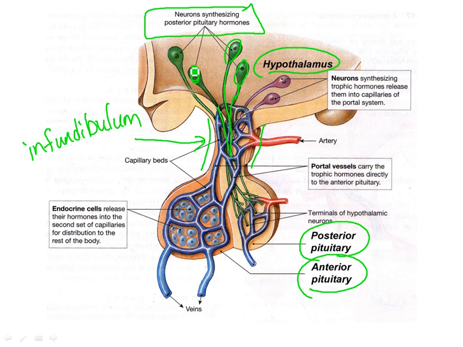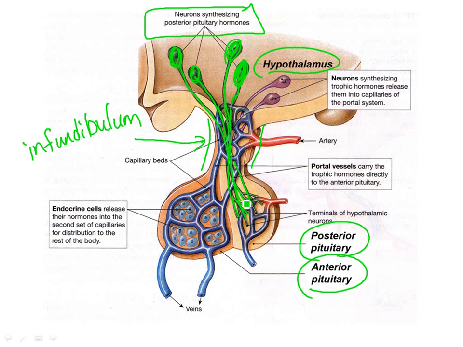So you've got neurons up here in the hypothalamus making your posterior pituitary hormones, and then those hormones are going to travel down the axons and then be stored in the hypothalamus. Okay? They're stored in the hypothalamus and then they are secreted from the hypothalamus. All right. Remember, your posterior pituitary hormones are going to be made in the hypothalamus, travel down the axons in the infundibulum, and then they're stored in the posterior pituitary.